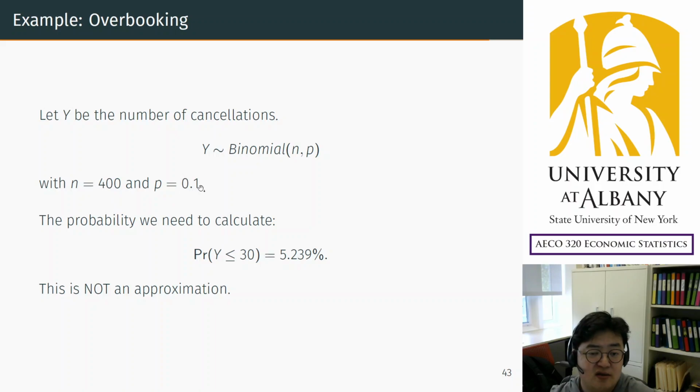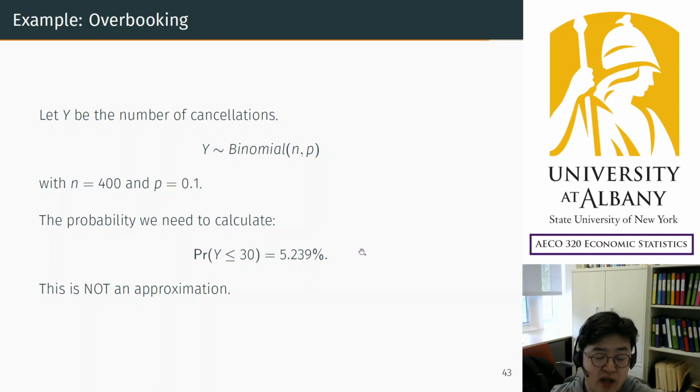We are counting the number of cancellations, and the maximum number of cancellations is 400. You can calculate the probability on a calculator or Excel for y, the number of cancellations, equal to 30 or fewer. If you calculate that, you are going to get about 5.2%.